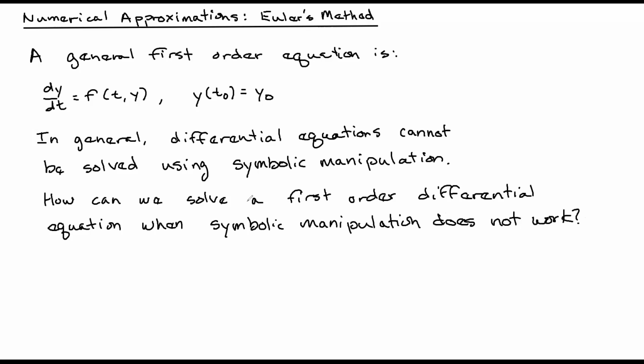Well, the answer to what we can do when we can't use symbolic manipulation is to recall direction fields.